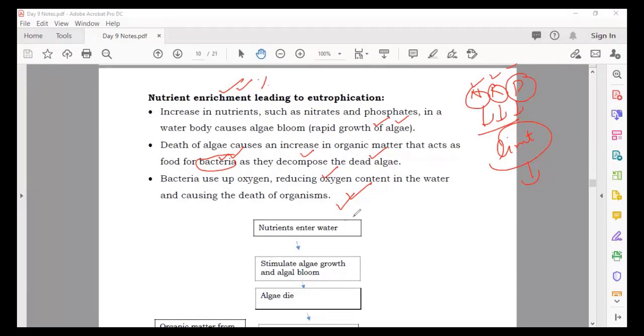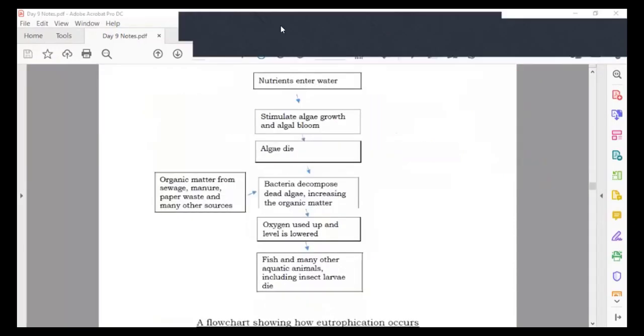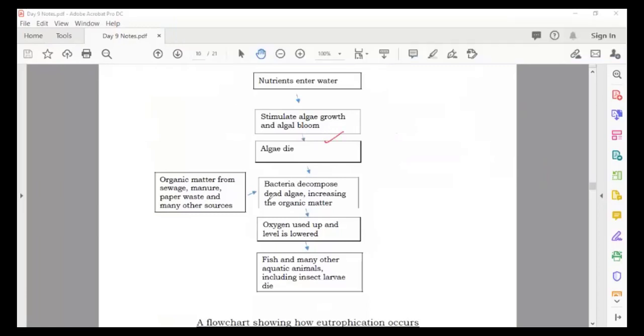Okay, so here they have explained that nutrients enter the water, then stimulate algae growth, meaning it increases. Then the algae die, and there are bacteria which will decompose it.